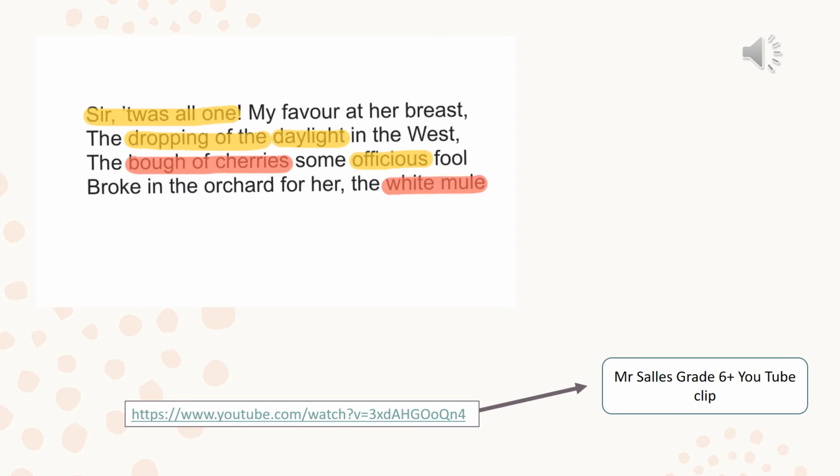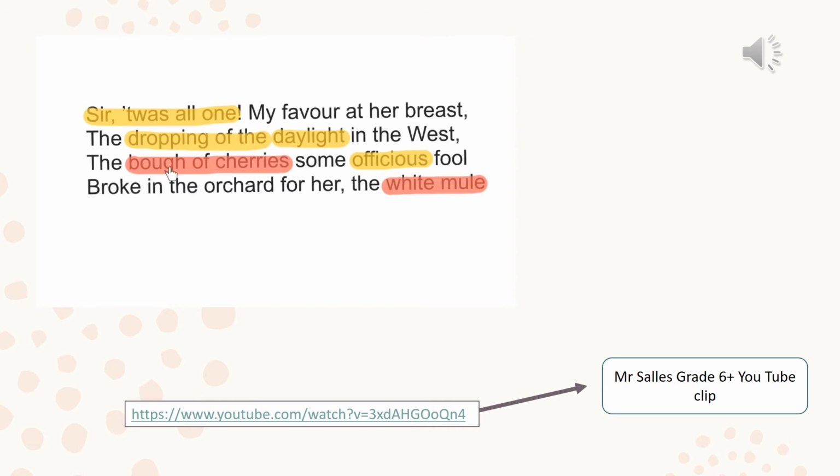But she doesn't. Because she loves life, she finds the good in everything. Here we have the image of the dropping of the daylight in the west. The sunset delighted her, but he's incapable of taking that delight. To himself, he's greater than any sunset.